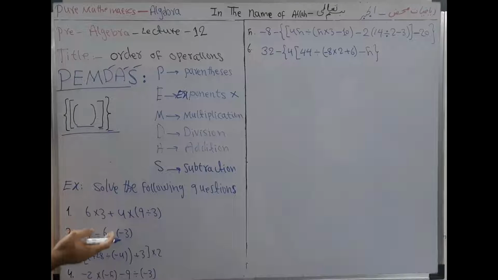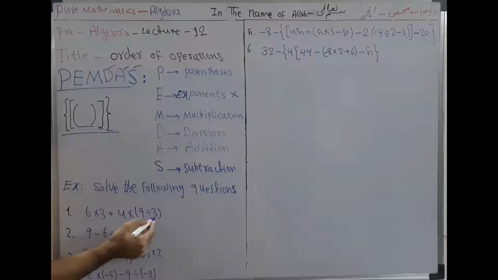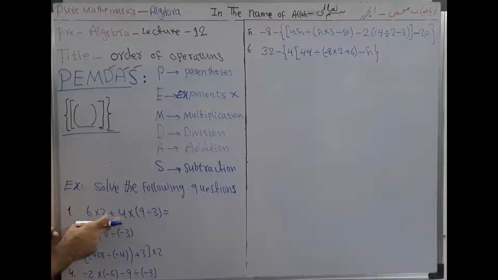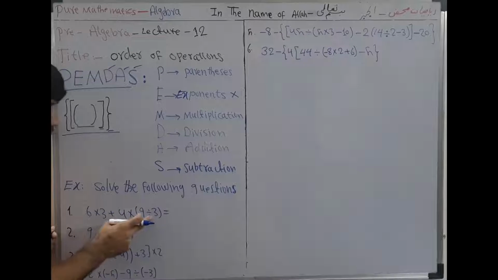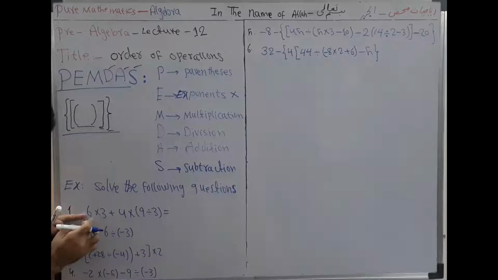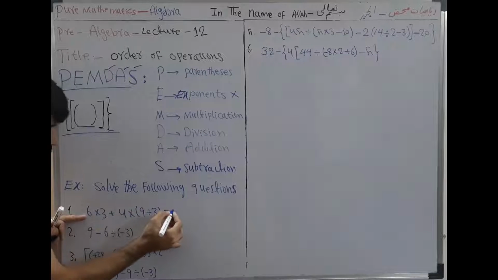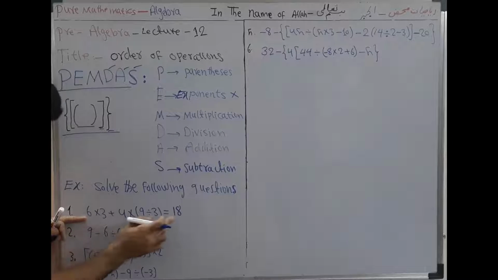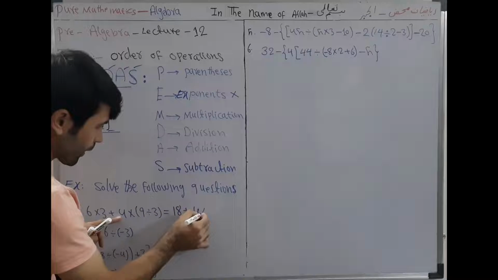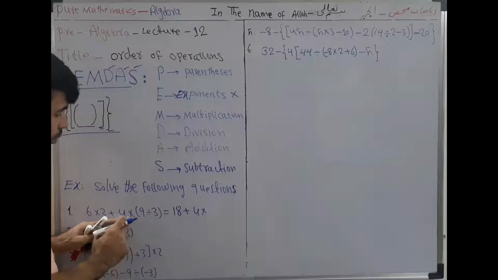Now we want to solve this question. Here we have 6 multiplied by 3 plus 4 multiplied by the parenthesis 9 divided by 3. Multiplying 6 by 3 is possible, no problem: it is 18 plus 4 multiplied by... Why didn't we multiply by 9?